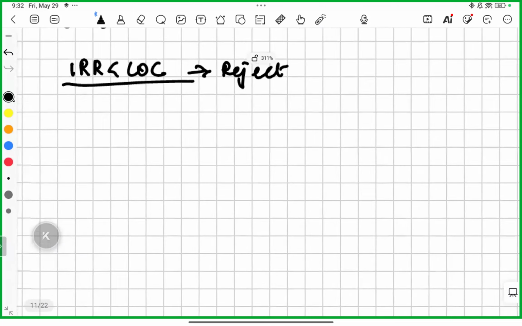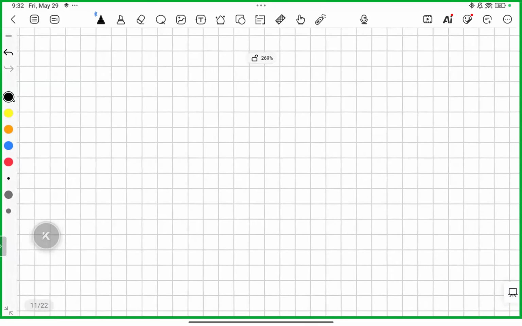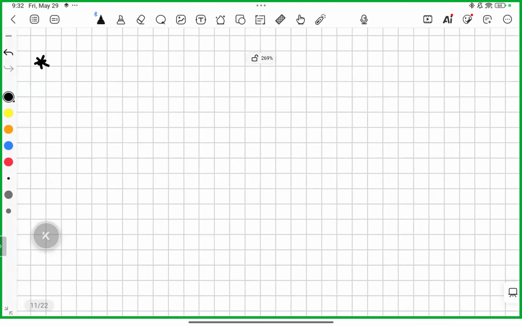Now, there are two things that I want to additionally focus on. One is cash flows. Let us say you have a project.